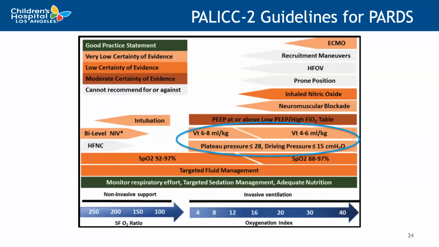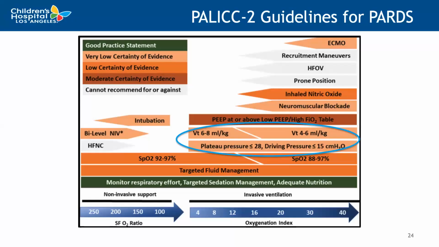The ARMA trial, which was another adult study that was done by the ARDSNet group, was a trial that randomized patients to either a low tidal volume or a more standard tidal volume. So the low tidal volume was 6 milliliters per kilogram versus a high tidal volume strategy of 12 milliliters per kilo. And they found a mortality benefit in the low tidal volume group.